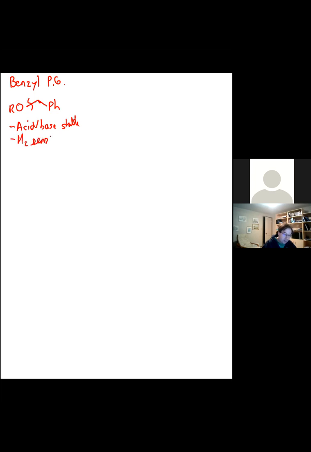So you cleave it with hydrogen gas. So the way you put this on is generally you take, again, we lack selectivity with this guy. What this is basically is the hydrogen sensitive version of the acetate.